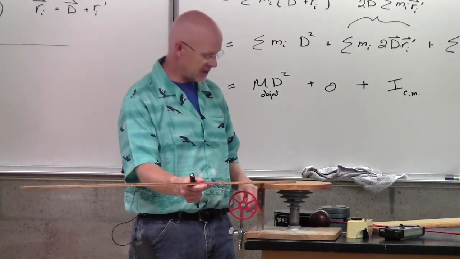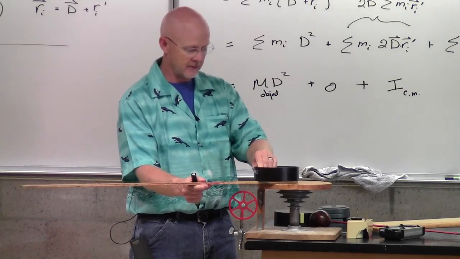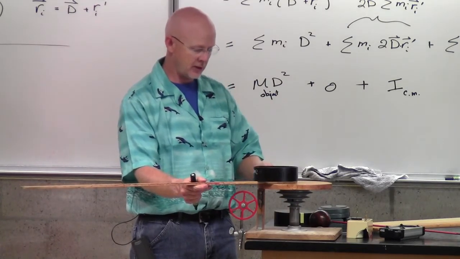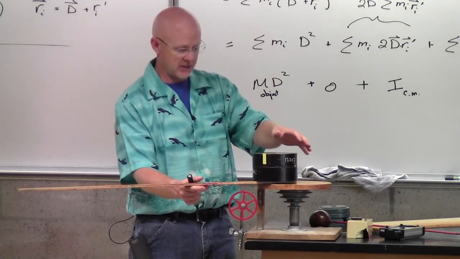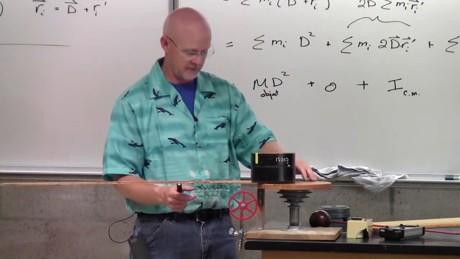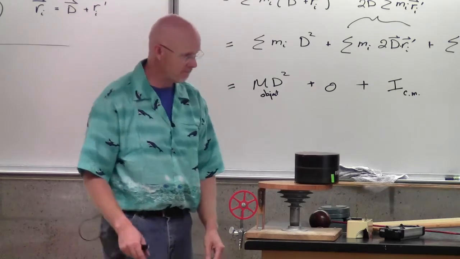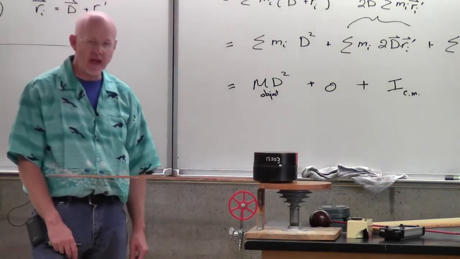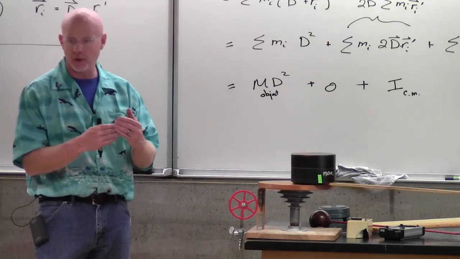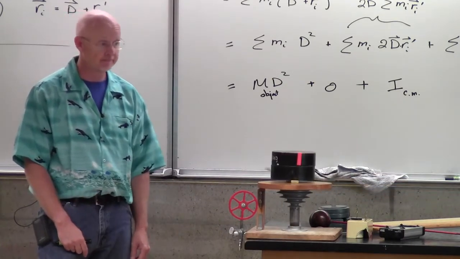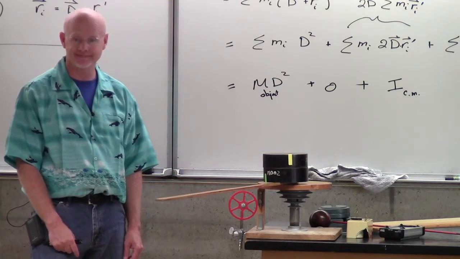Let's put it so it rotates around its end and put a hoop and a disc on top of it so that they rotate around the edge of their rim. What's the moment of inertia of that contraption?